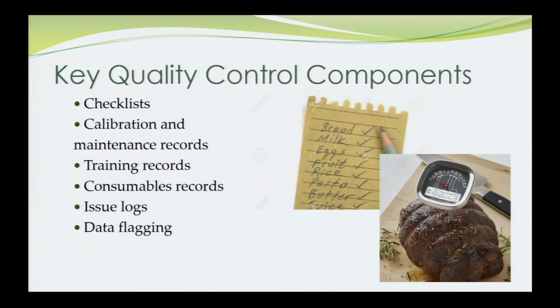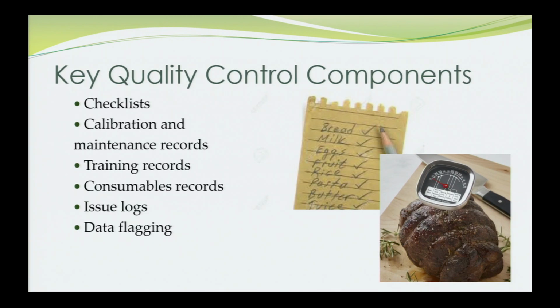Consumables would be things such as filters or water bottles or calibration standards. So keeping track of when that stuff was received, when it was opened, and when it expires is important for a project, so that if an issue ever comes up, say the manufacturer of a filter issues a recall, you can very quickly identify which samples were affected and come up with a corrective action plan.